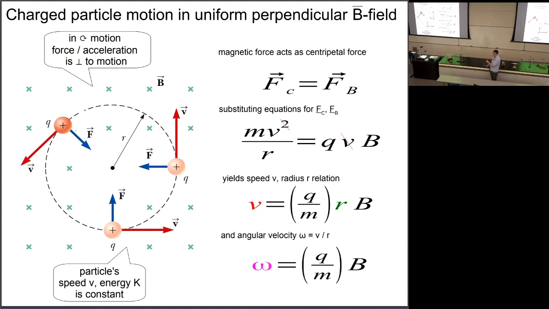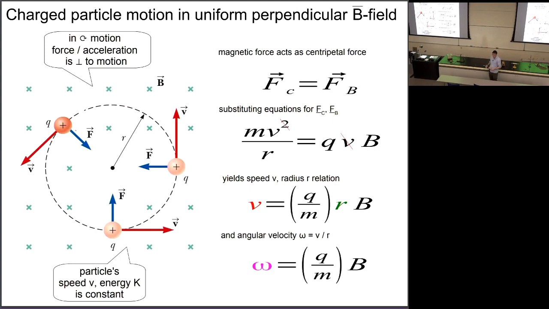Then I remembered back to 211 and the equation for the centripetal force in terms of the radius of the circular motion and the speed. I filled in the expression for the centripetal force, mv squared over r.